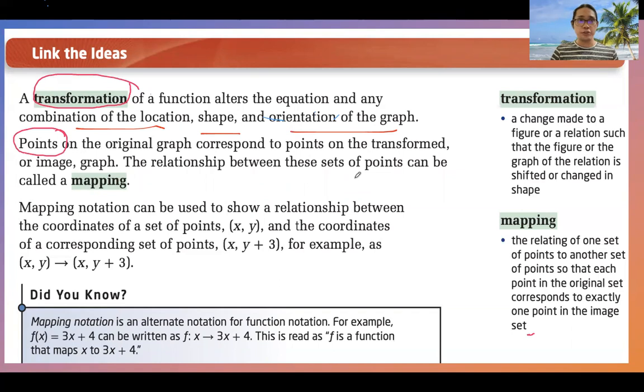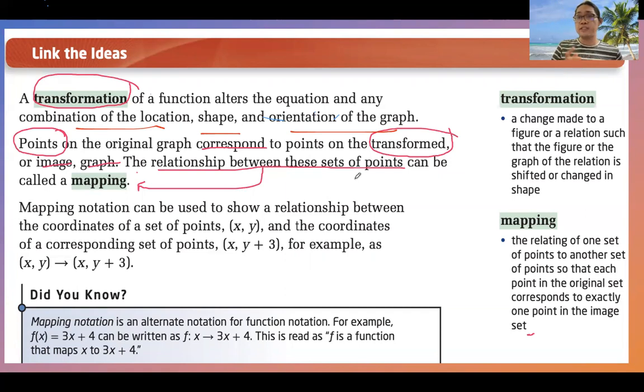Another thing to remember: points on the original graph correspond to points on the transformed or image graph. The relationship between these sets of points can be called mapping.